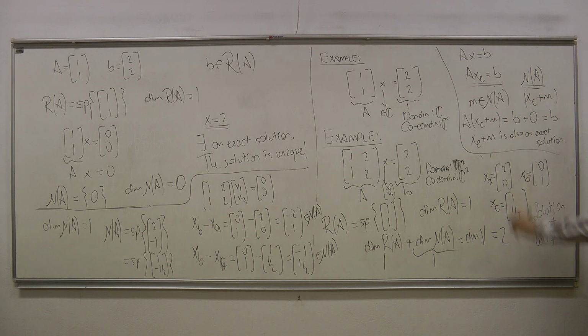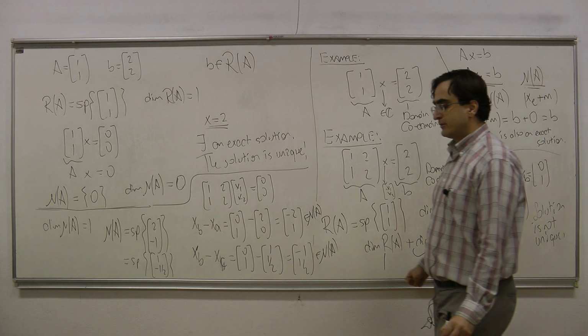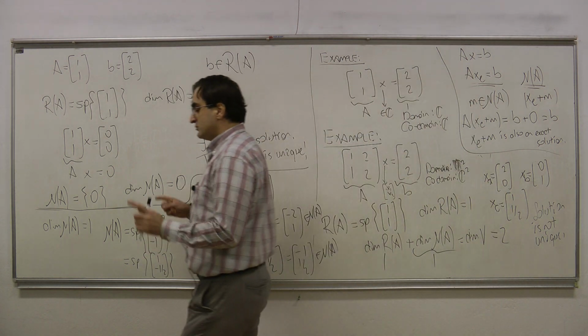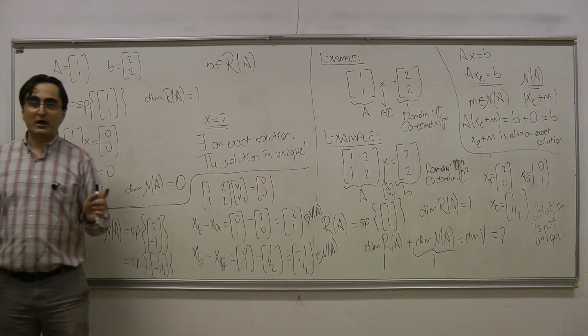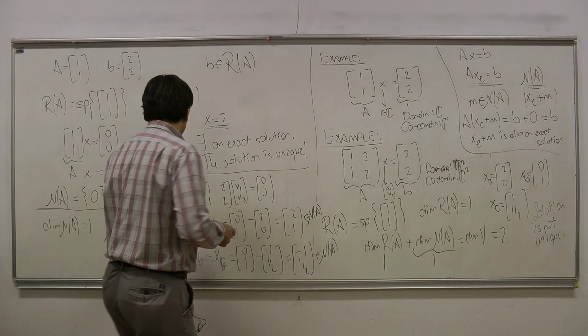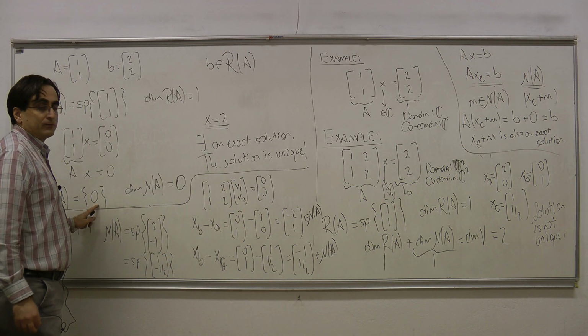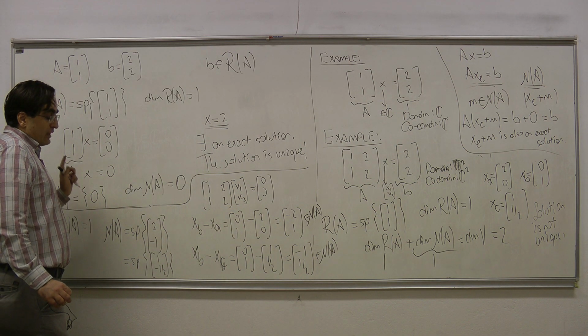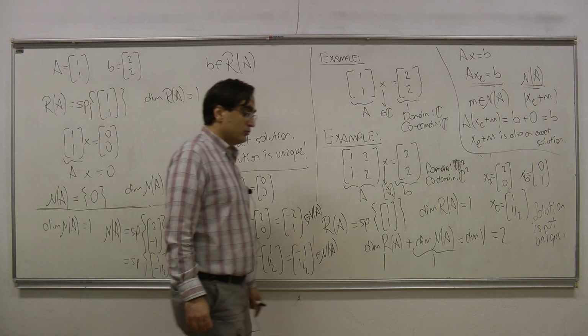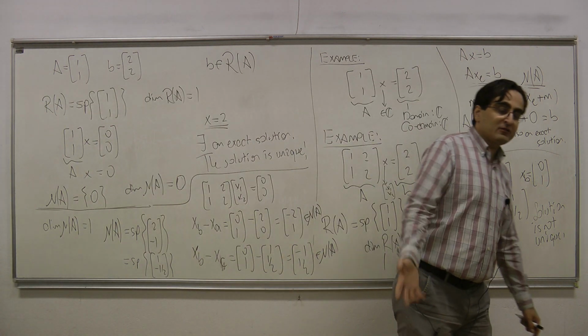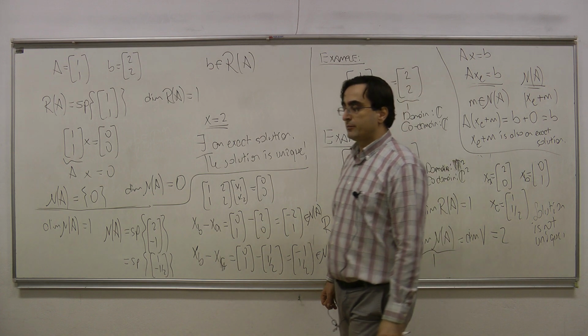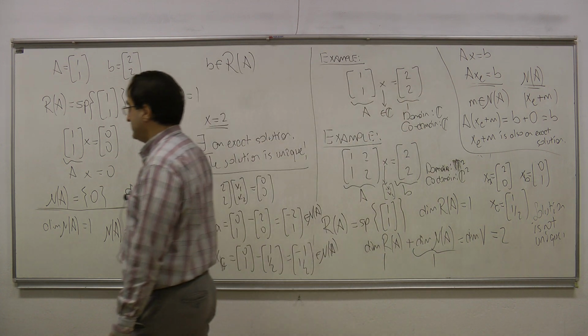And you see that this is only related to the null space, whether there exist non-zero vectors inside the null space or not. If not, if our null space is only composed of the zero vector, then the solution is unique. If there exist non-zero vectors inside the null space, then the solution can never be unique.